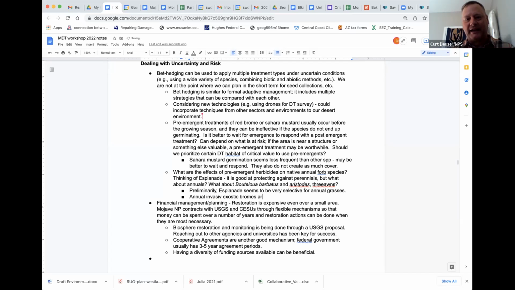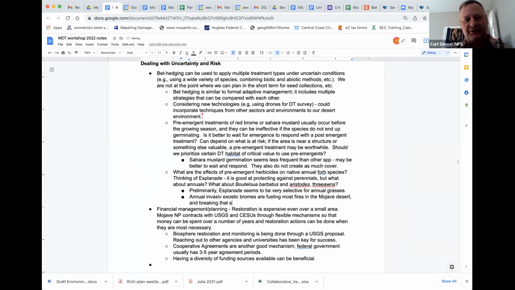And so breaking that link and that cycle matters, and that's another reason not to apply these methodologies across massive landscapes.